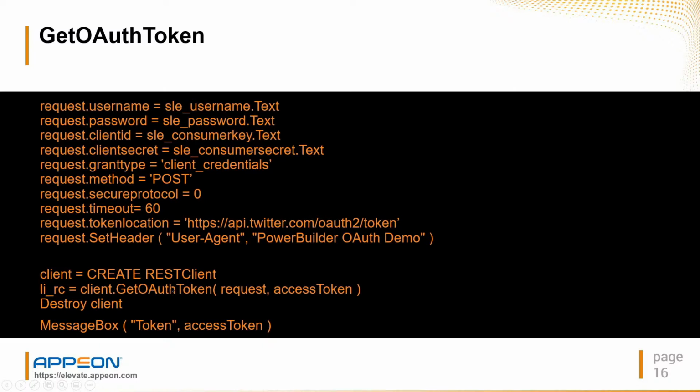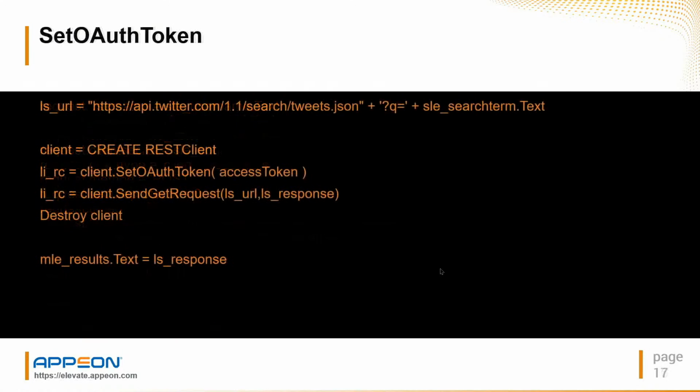Then you do your get token request call and get the access token, and I just display it. Then I put together the actual call I want to make now. I do the set OAuth token and then send my request. You only have to do the set OAuth token step once, and from then on it will just continue to use that token. You don't have to do it before every call.